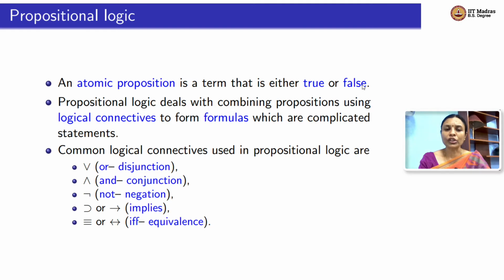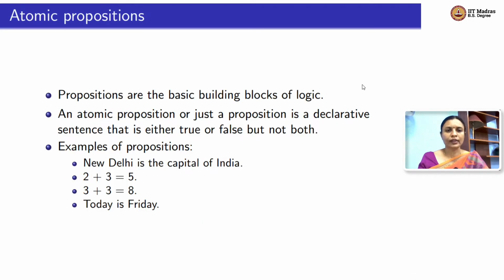An atomic proposition is any term that can evaluate to true or false. For example, here is an atomic proposition. New Delhi is the capital of India. So this term as a sentence constitutes one atomic proposition, and its proposition in the sense that it is true. Sometimes it can be false.